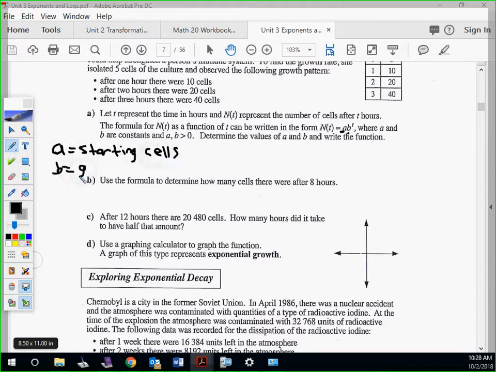So we started with 5 cells, so our A is 5, and our cells are doing what? Yeah, they're multiplying by 2, or doubling, so B is 2. So you're going to fill out N of T equals 5 times 2 to the T.